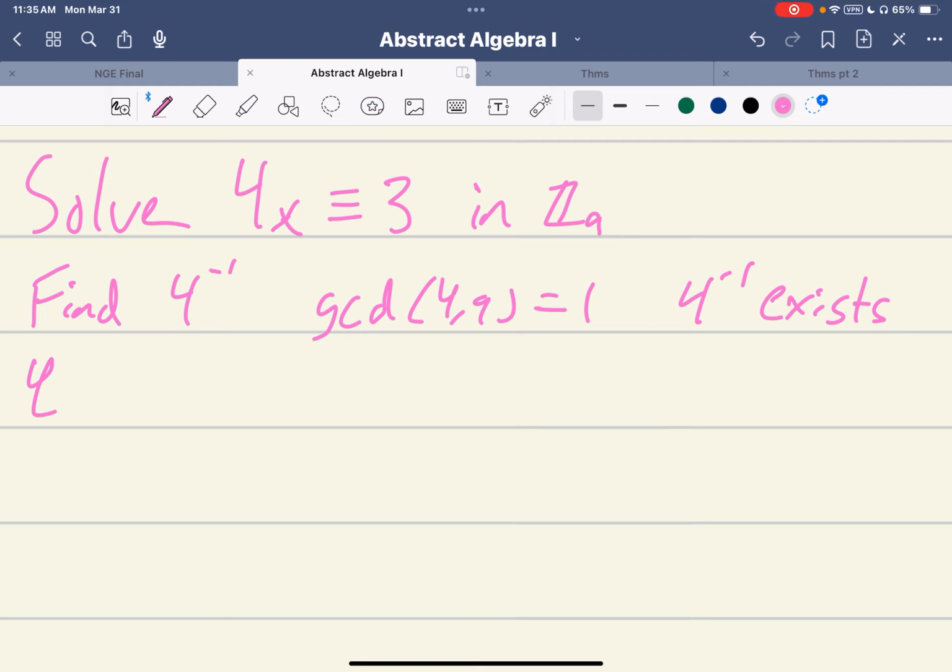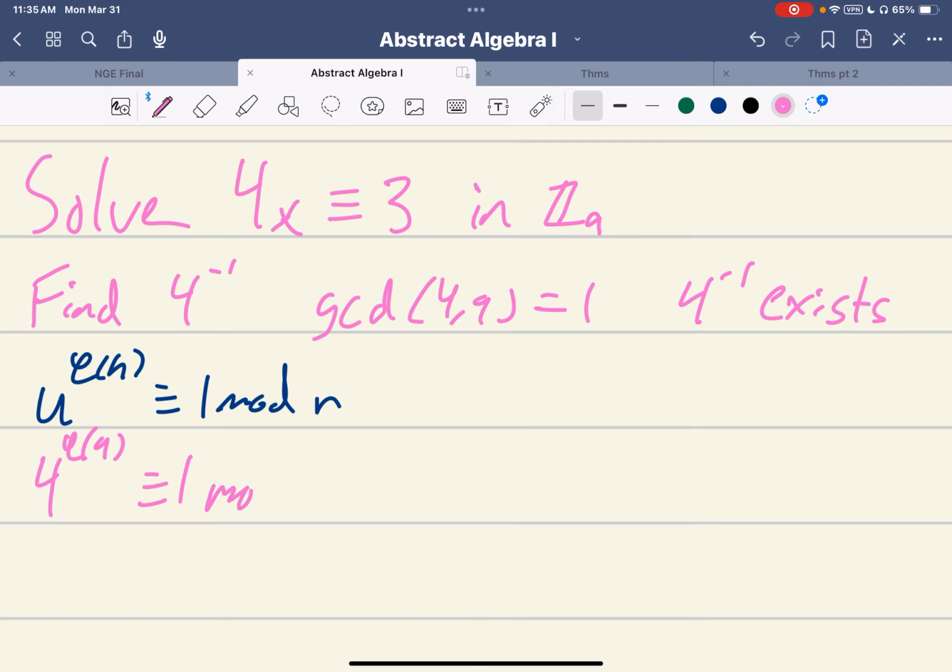Euler says a to the phi of n is equivalent to 1 mod n. So we know that 4 to phi of 9 is equivalent to 1 mod 9. Cool. But we should figure out what phi of 9 is.